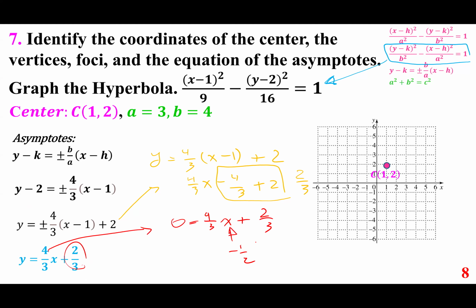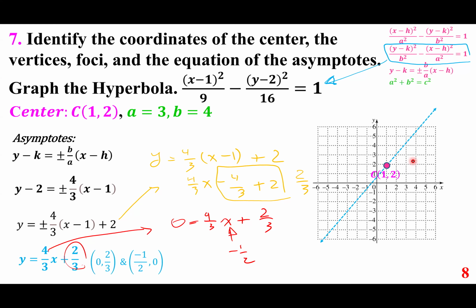So we have those two points, and we can graph the first one. We're going to go over the second one in a moment. But before I do that, it's important to know that as far as graphing that, you have the y-intercept and it has to go through the center. It will go through the center. You can stick with that.